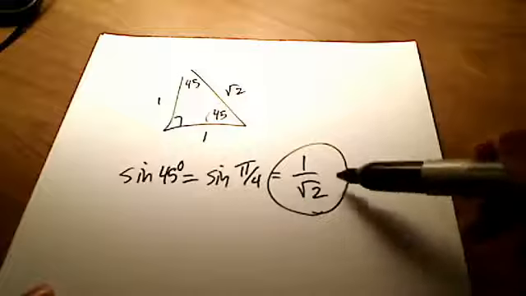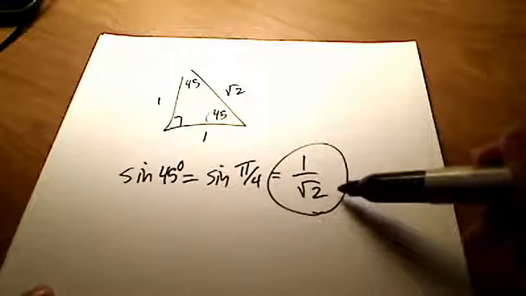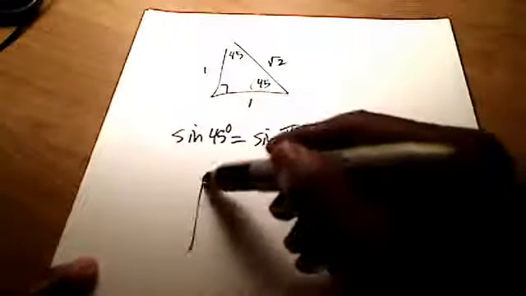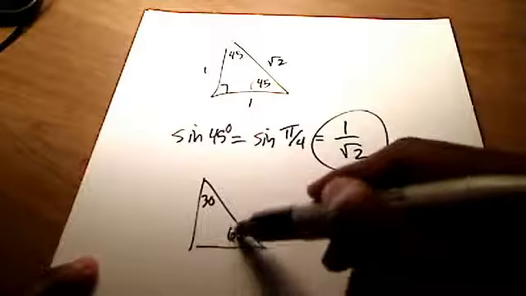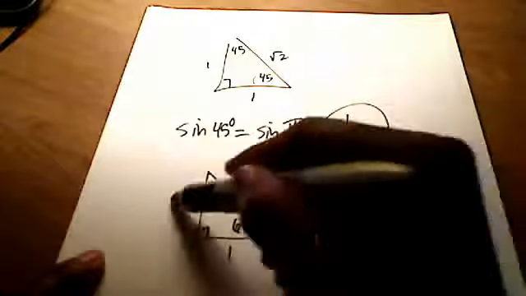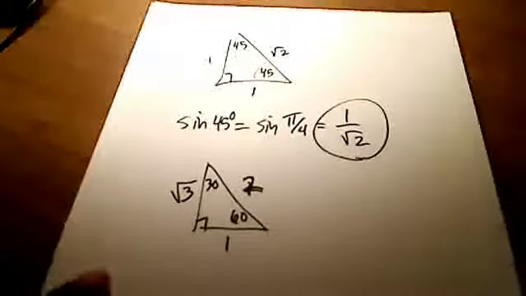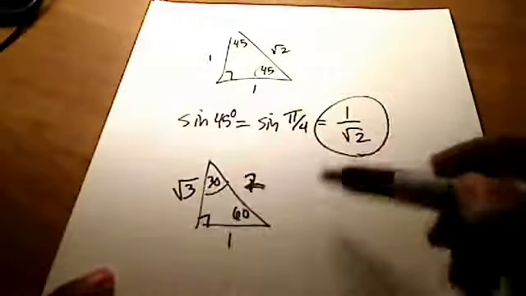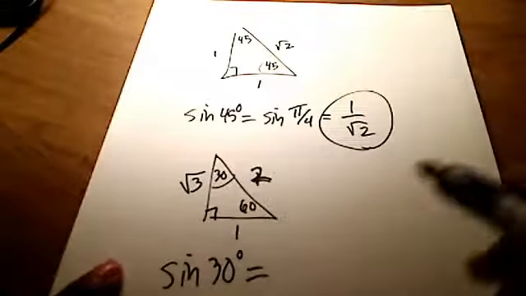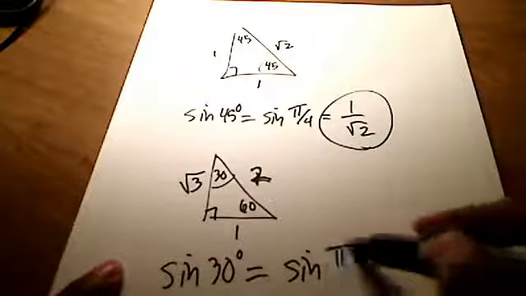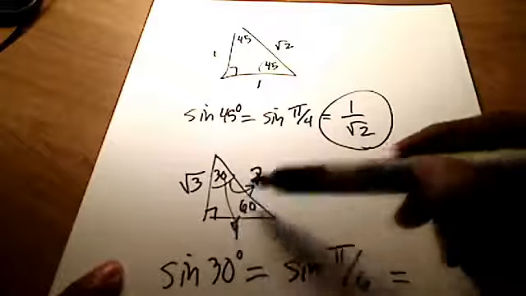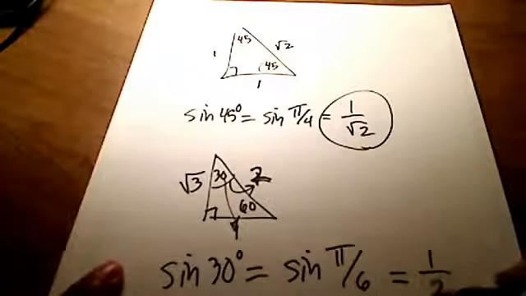Now, I know that I could probably rewrite this so that I don't have a square root in the denominator, but I'm going to leave it just like that. Also recall that in a 30, 60, 90 triangle, it is set up this way. If you wanted the sine of 30 degrees, which in radians is pi over 6, that's opposite, which is 1, over hypotenuse, which is 2, so I have 1/2.